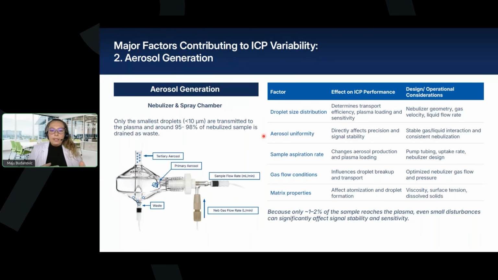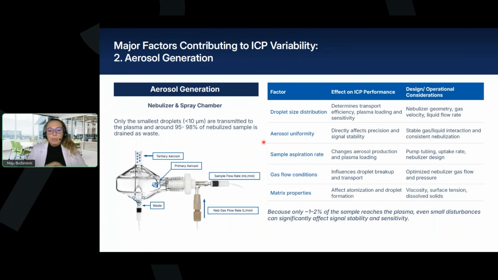Next is the aerosol uniformity. So with an ideal average droplet size, fluctuation in the aerosol production can lead directly to fluctuation in signal intensity. Basically, what I'm saying here is that we need to have a stable gas-liquid interaction and consistent nebulization.